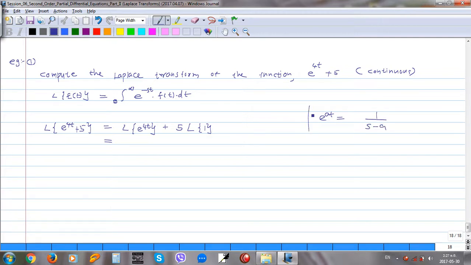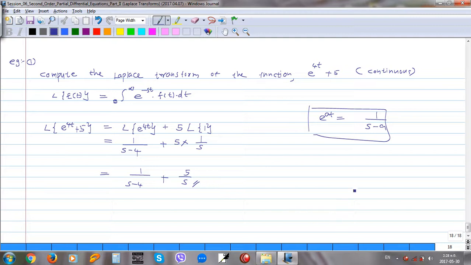Using this I can write L{e^(4t)} as 1 over s minus 4, and 5 multiplied by L{1}, which is 1 over s. Then finally I can write the answer as 1 over s minus 4 plus 5 over s. This is the answer. That is the Laplace transform only, right?